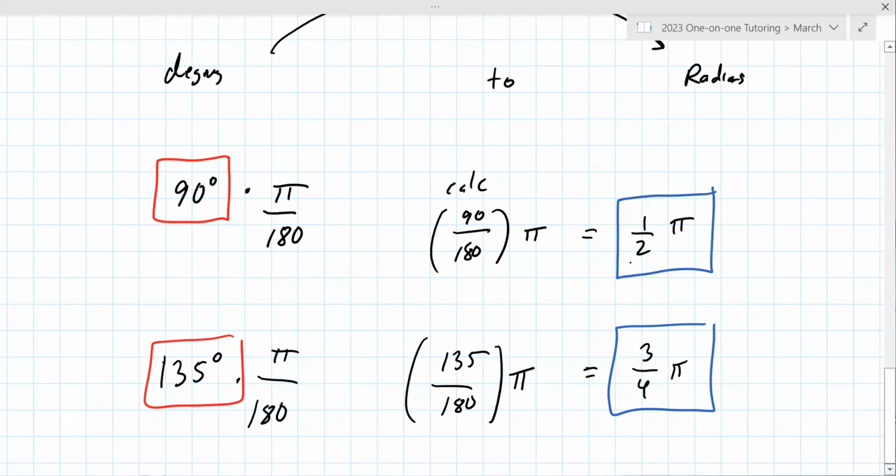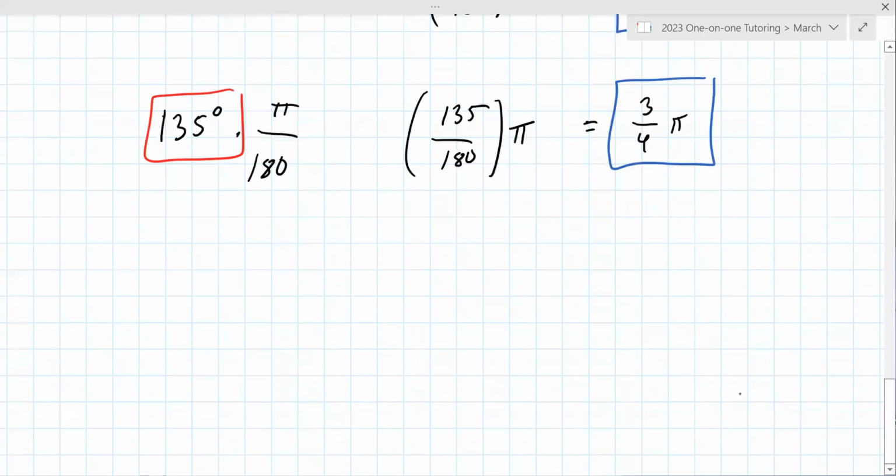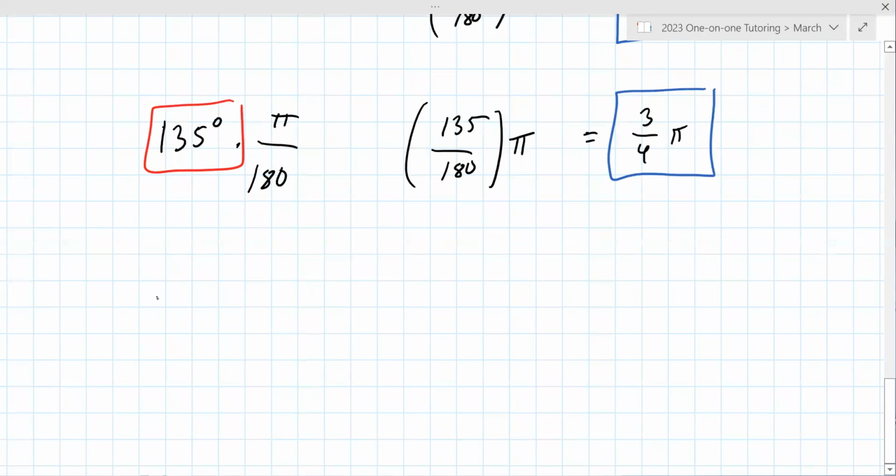But no, here, you're not going to like this. We should do one more though. Let's do 690 degrees. So that's 690 divided by 180 pi.